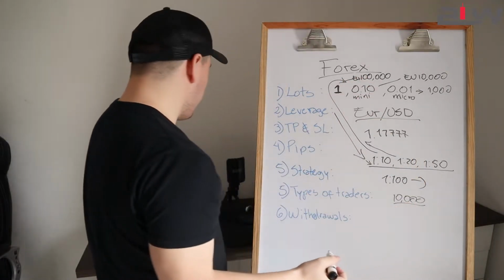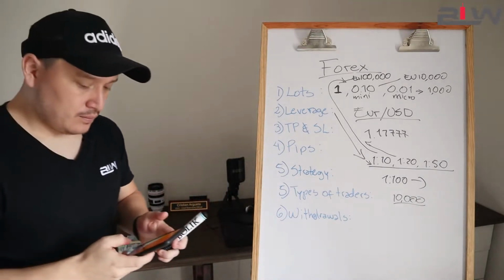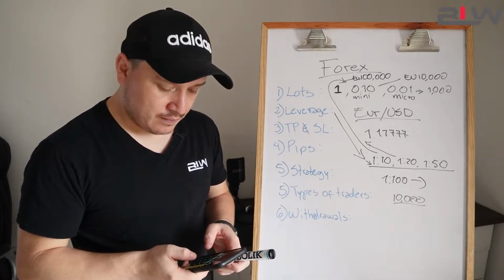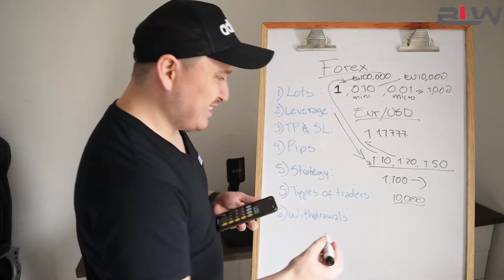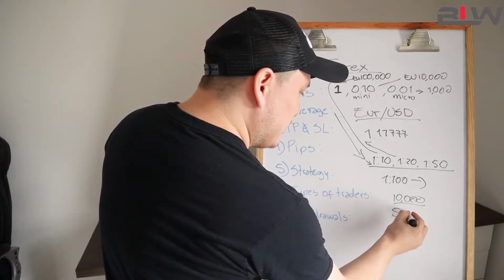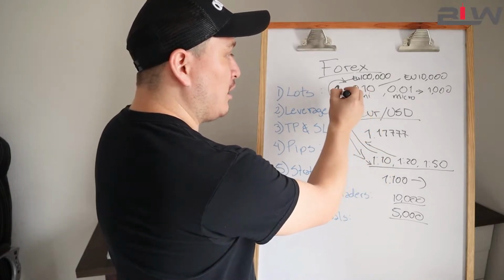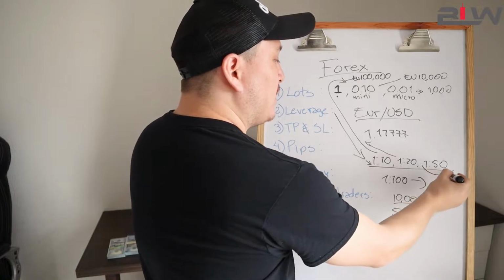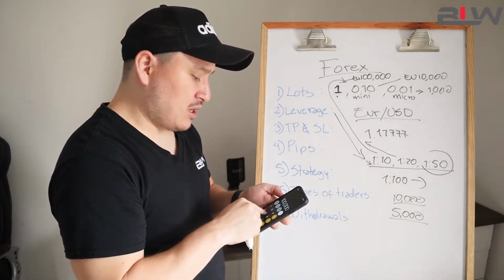How much is that in numbers? Let me get my calculator. Sorry, I'm not that good at math. That's 5,000. 5,000 per lot. We're looking at a lot, right? If you go with 1:50, that means that, I think it's going to be 2,000.